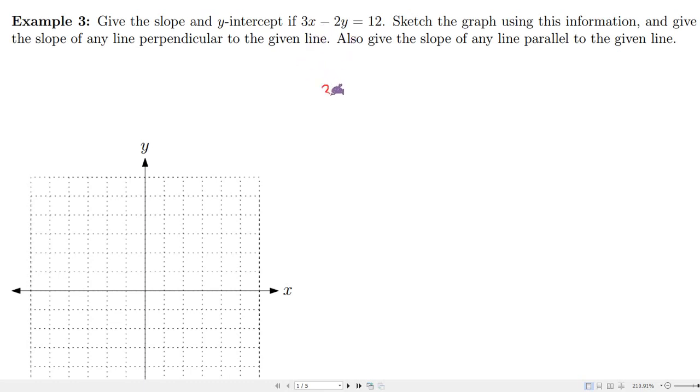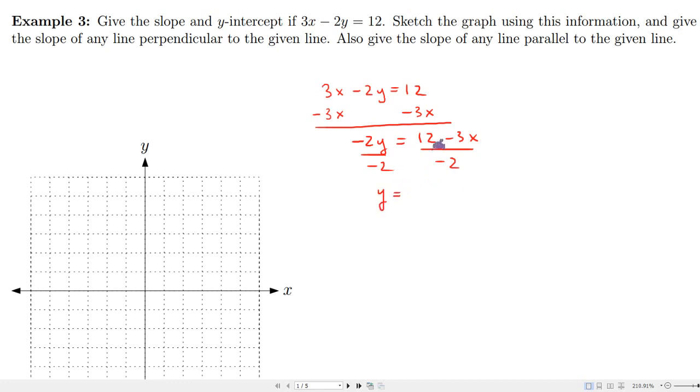So if 3x minus 2y is equal to 12, let's solve for y. In order to do that, let's bring the 3x over: minus 3x, minus 3x. We're left with minus 2y is equal to 12 minus 3x. Then let's divide both sides by negative 2.